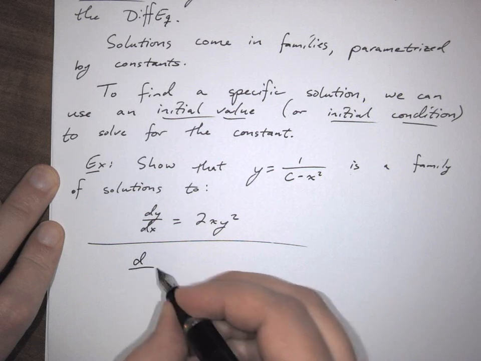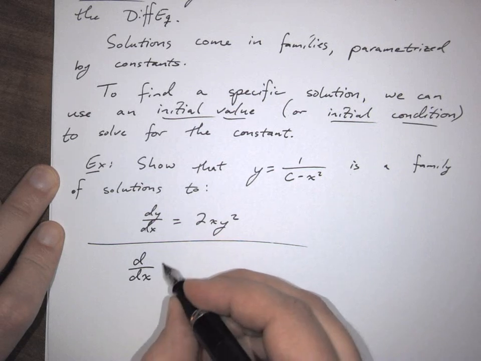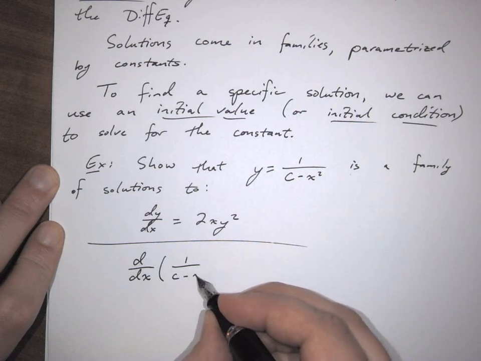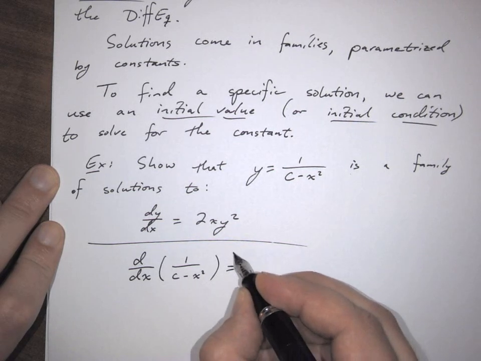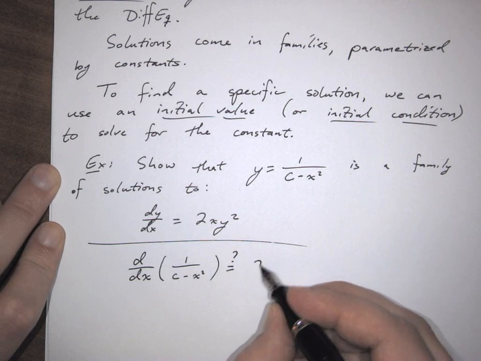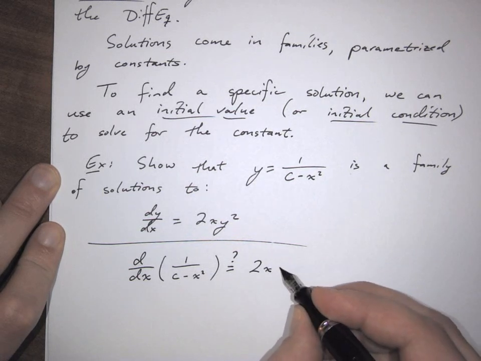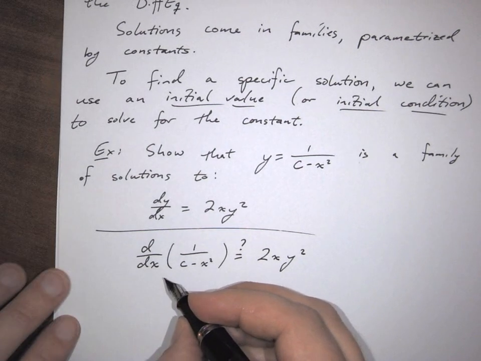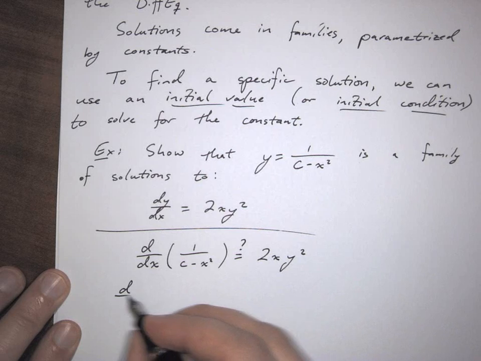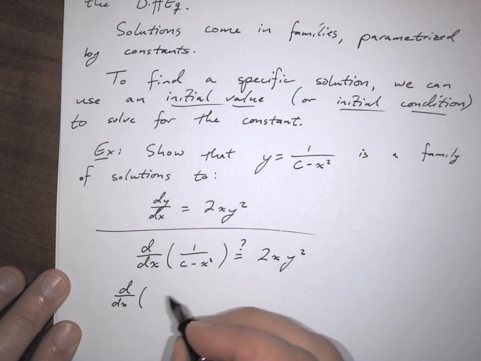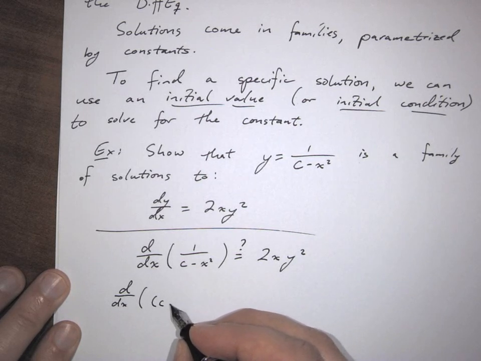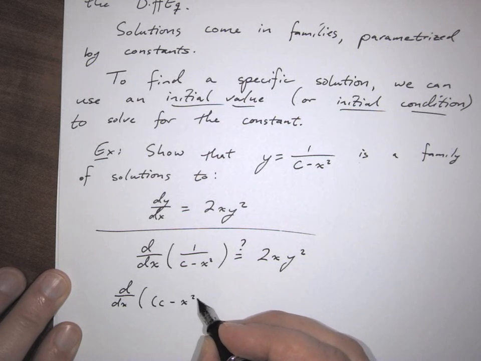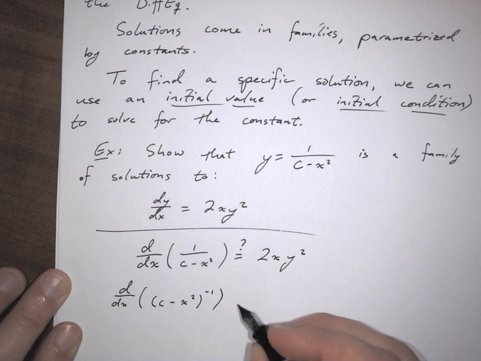So what we are supposed to be verifying here is that the derivative of this thing, 1 over c minus x squared, truly does equal 2xy squared. Well, here what we are talking about is really the same thing as c minus x squared to the negative 1.